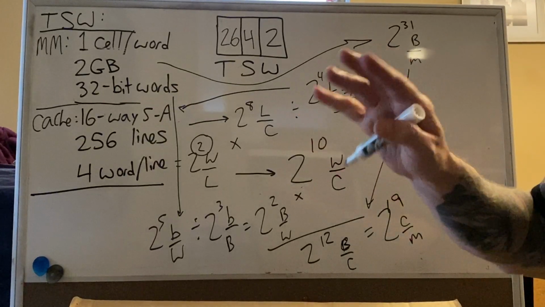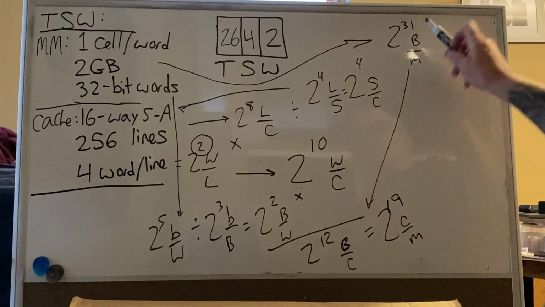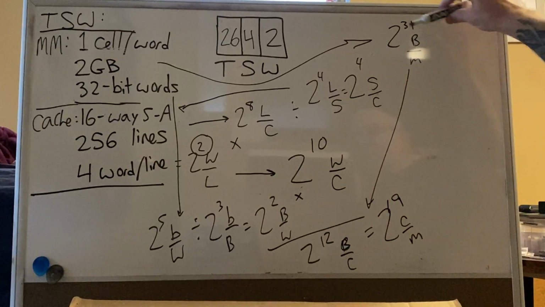Something's wrong, but stick with me. Let's see if we can find it. 2 to the 19 caches per memory. Are there 2 to the 31 bytes per memory? Yes.